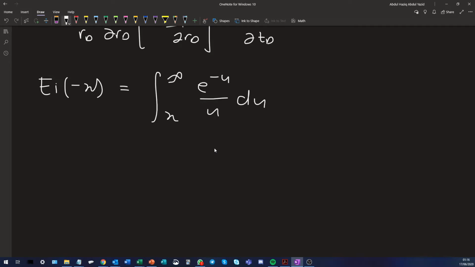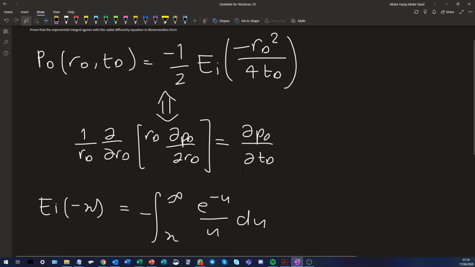Now let me just check the symbol, whether the symbols are right or not. It's a negative x here, so yeah, this is the Ei function. But anyway, this is what we need to show. We just need to show that these two agree for this video.